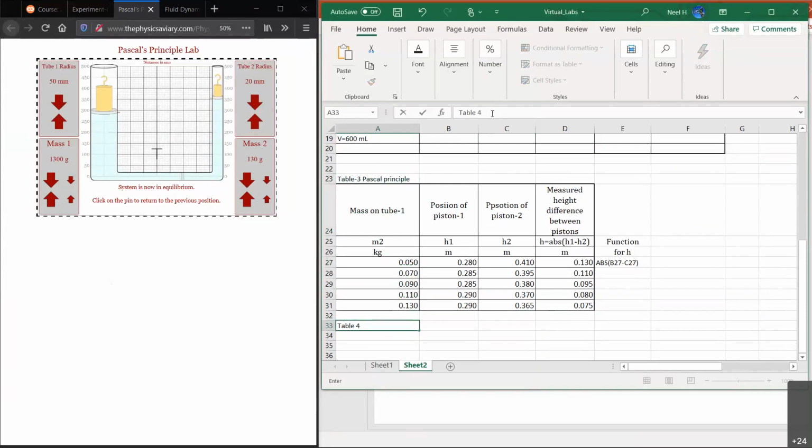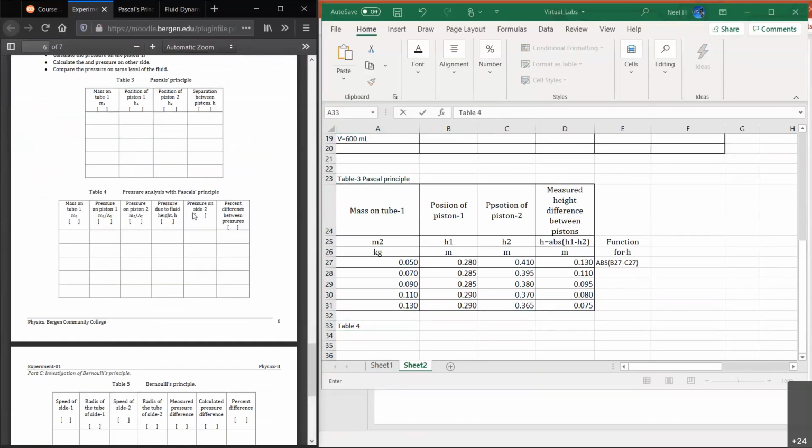table 4. So on table 4, you have to take a look at the lab manual. Table 4 is asking you to do the pressure analysis with the Pascal principle, right? You can just type that here. Pressure analysis with Pascal principle.